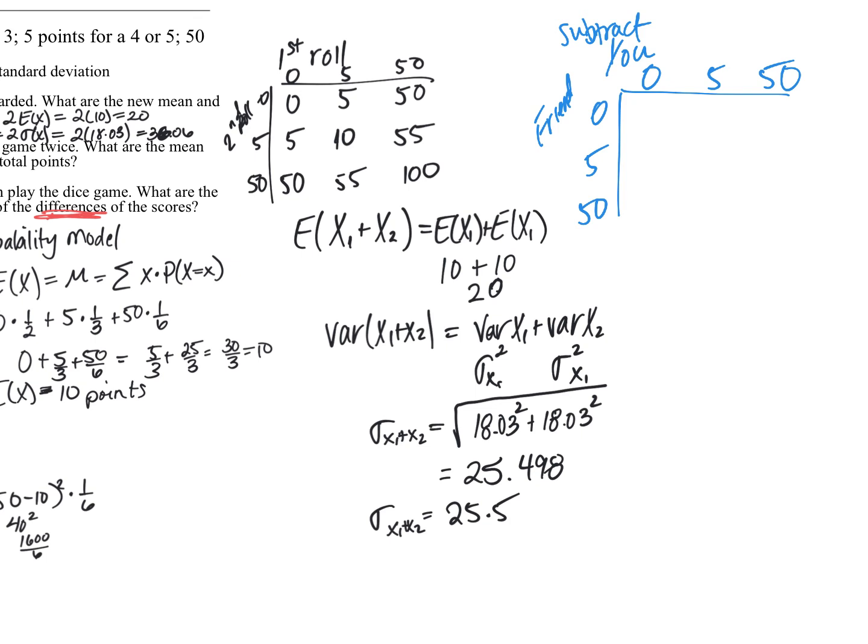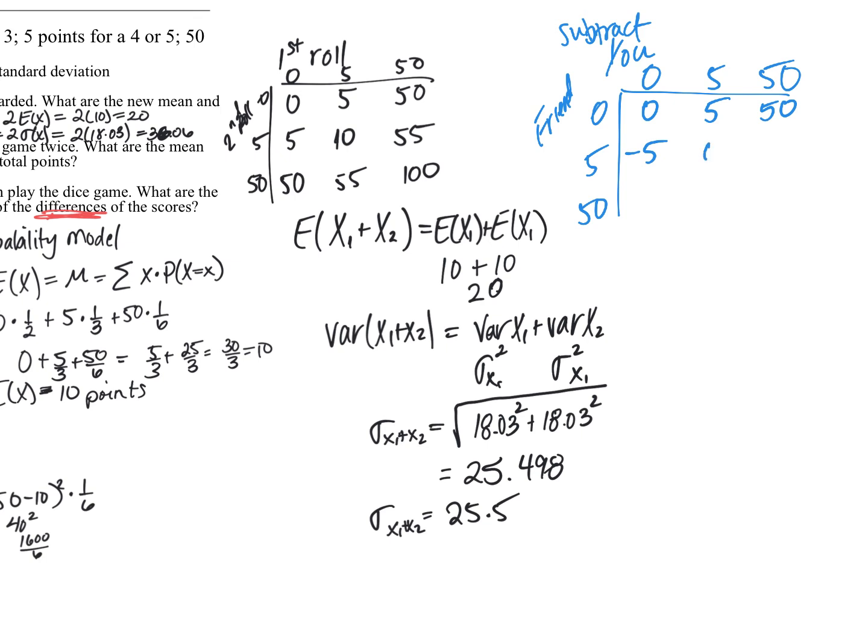And so if you had a 0 and your friend had a 0, the difference in your points is 0. If you had a 5 and your friend had a 0, the difference in your points is 5. We're going to do you minus your friend. And then if you had 50, your friend had 0, then that's 50 if I subtract them. If you had a 0 and your friend had 5, now you're at negative 5 because you're doing you minus your friend.